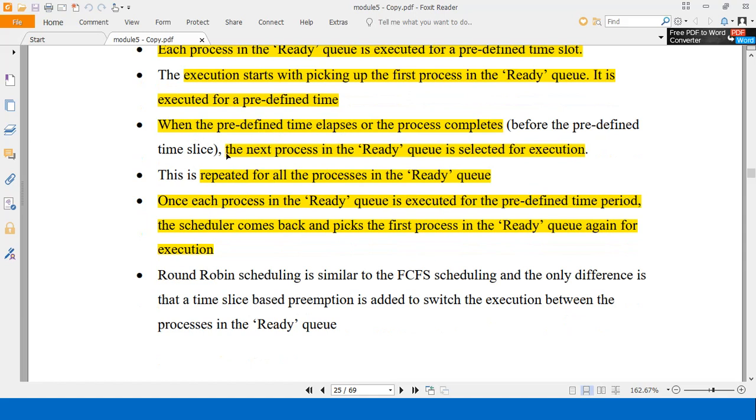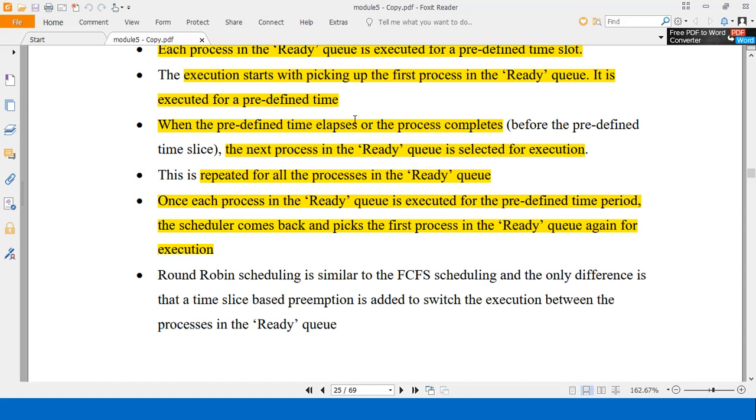When the predefined time elapses or the process completes, there are two chances. You give the CPU to a process and it utilizes the CPU for the predefined time slot, which is 2 milliseconds. As soon as 2 milliseconds has elapsed, that process is preempted.